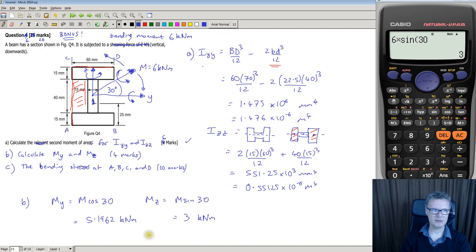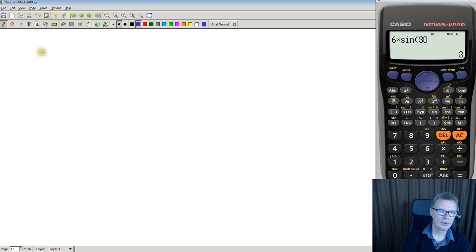So the next thing is to work out what the bending stresses are. On the formula sheet here, it's given us that we've got this term here, but I'm not going to use that expression.